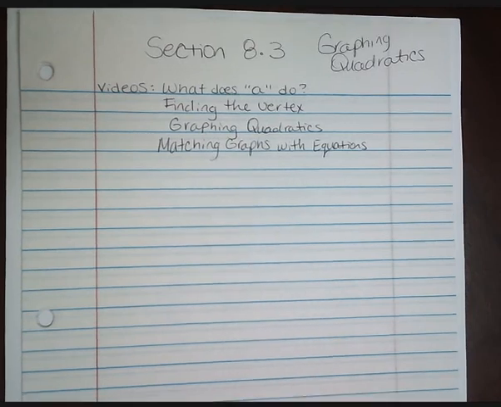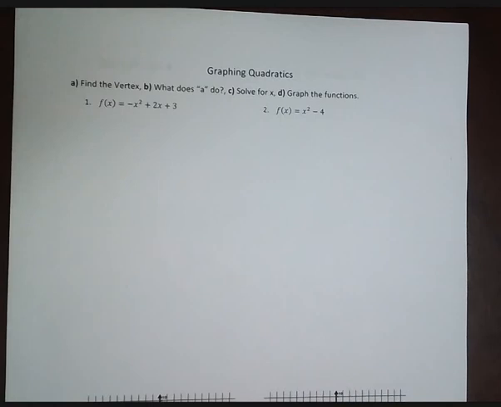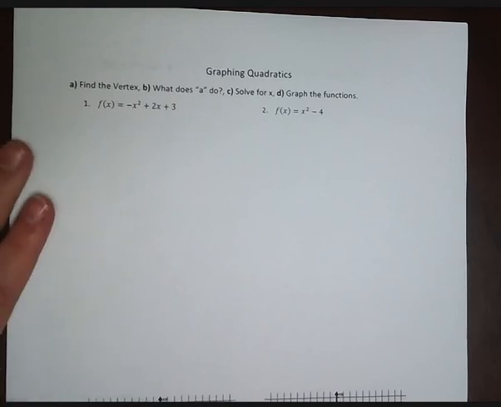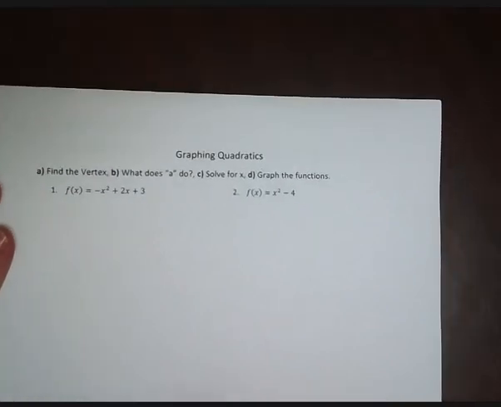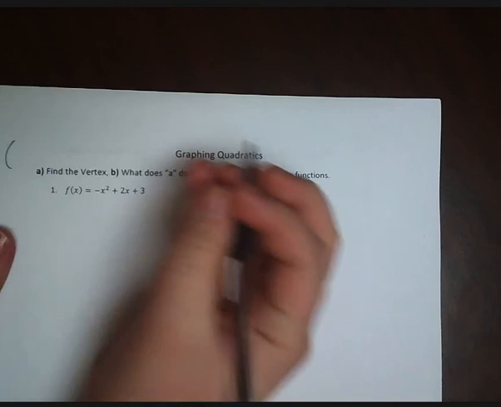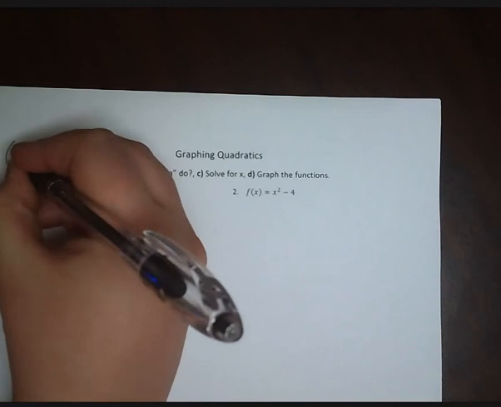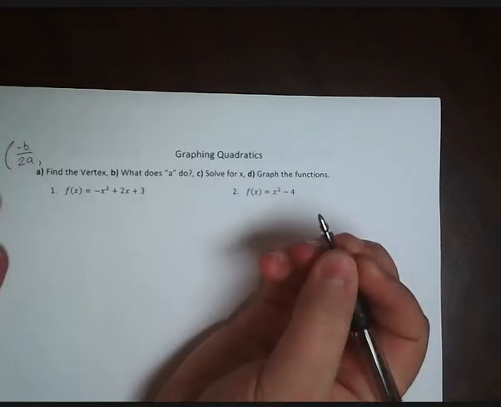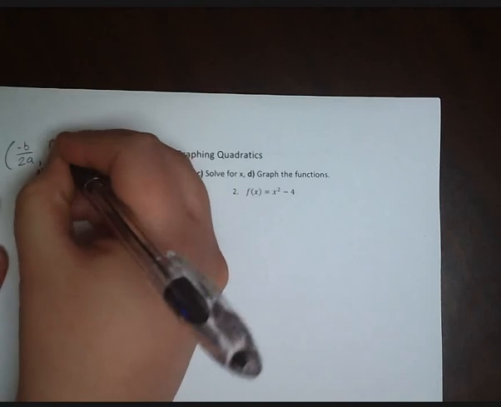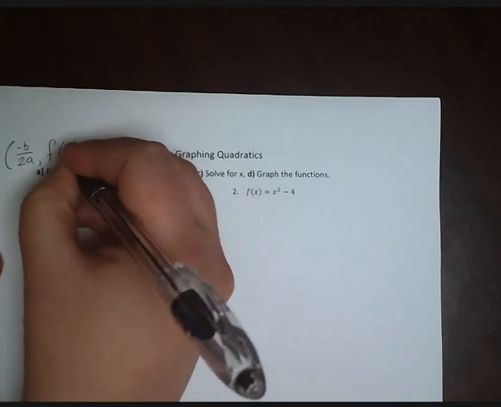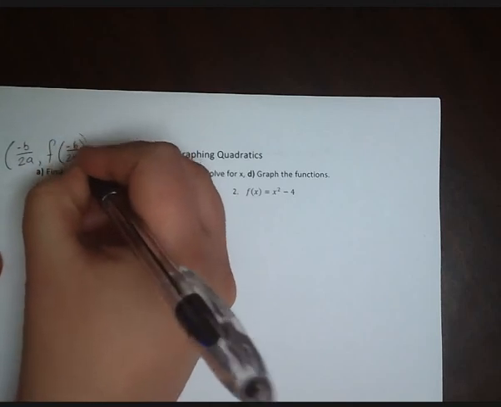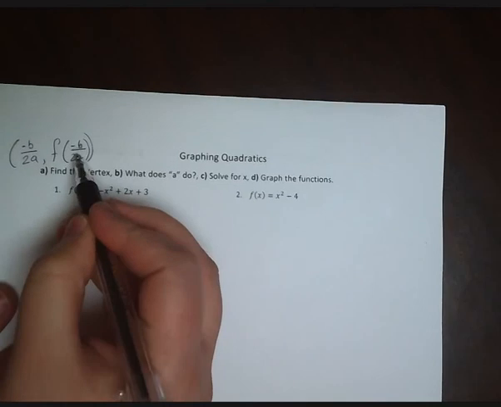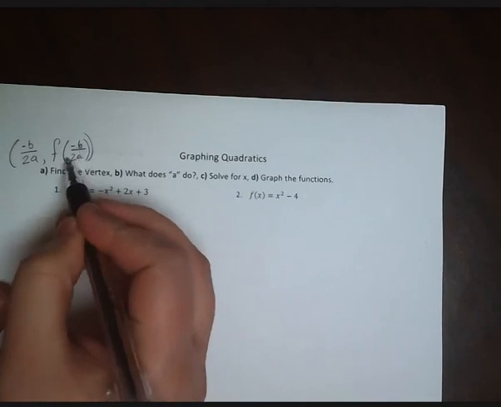So we're going to be working off of this handout here, graphing quadratics. They're going to ask us to find the vertex, which we learned the formula for the vertex is negative b over 2a to find our x value. And then to find our y value, we plug in what we found for our x and plug it into all of them to find our y value.